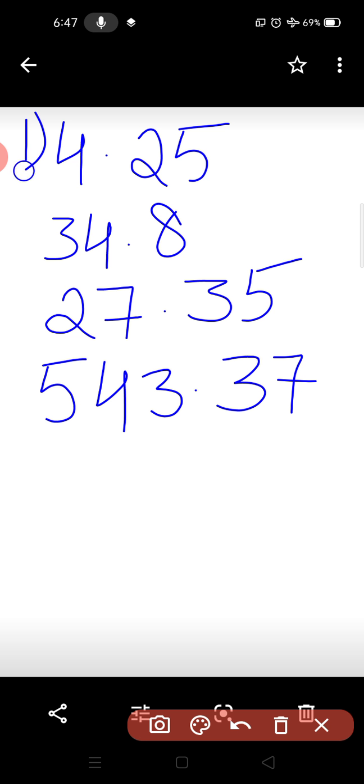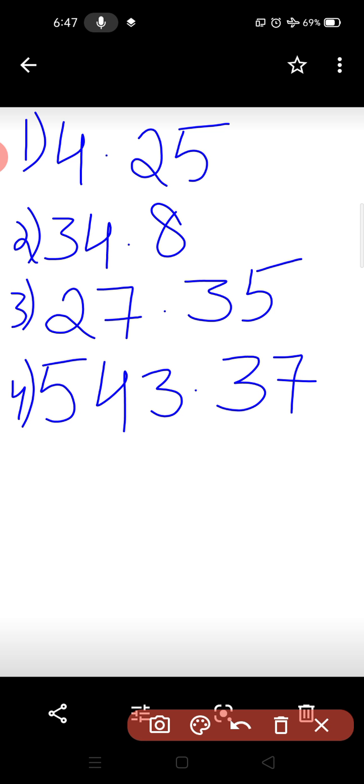First number, second number, third number and fourth number. Now we are going to learn what the like decimals are and what the unlike decimals are here.